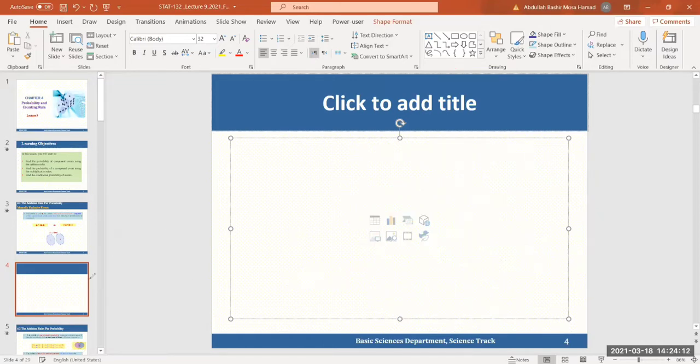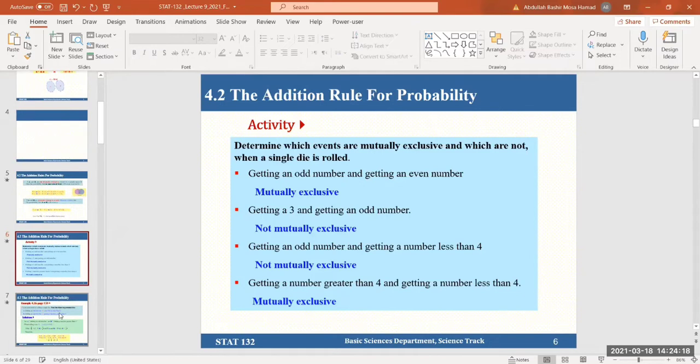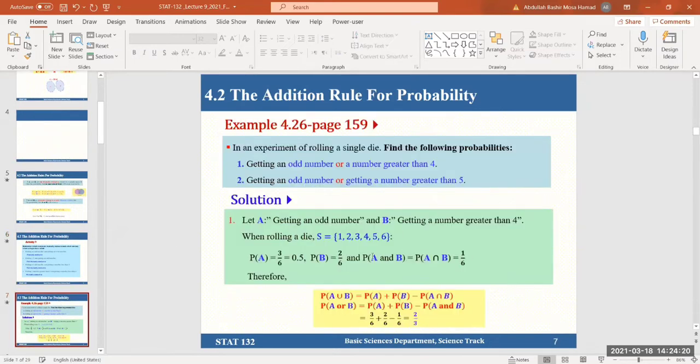Let's take another example. We roll a die one time, a single die. Find the following: getting an odd number or getting a number greater than 4. So we have two events.